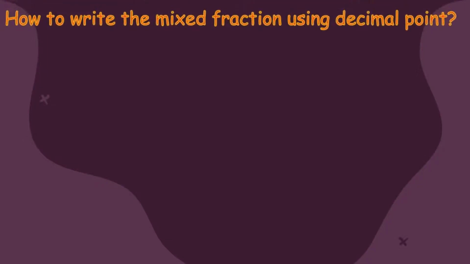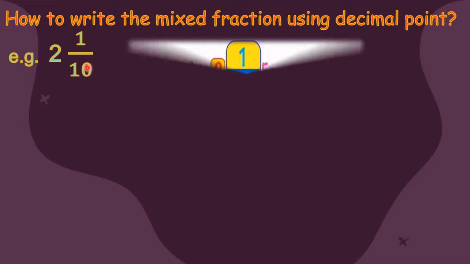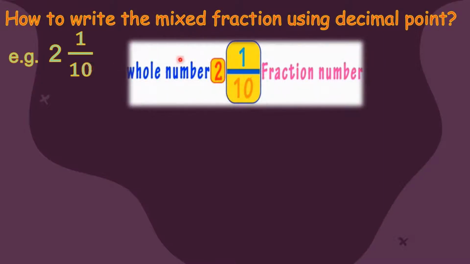Let us learn how to write a mixed fraction using a decimal point. So we have the example of the mixed fraction 2 1 upon 10. In this mixed fraction, we have learned that 2 is the whole number and 1 upon 10 is the fraction part.